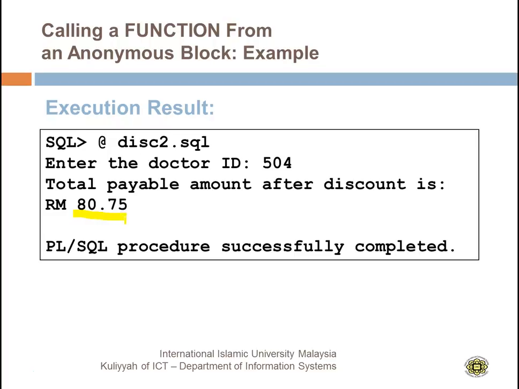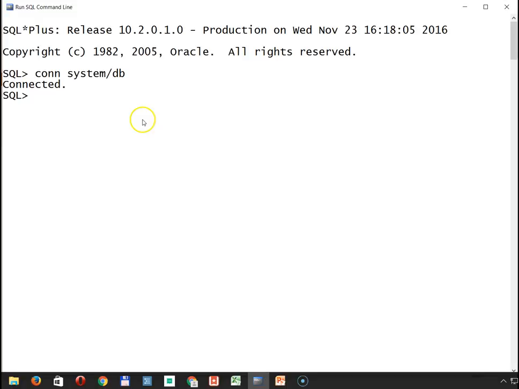Okay, you can actually try it in SQL to see whether it's true that this person is paying 25% discount. So let's just create the function again. Okay, so as usual, set serveroutput on, set verify off.